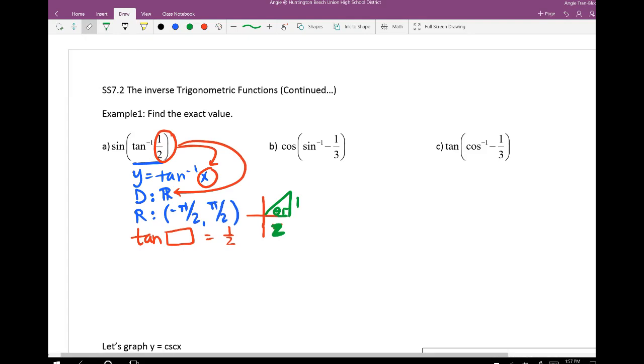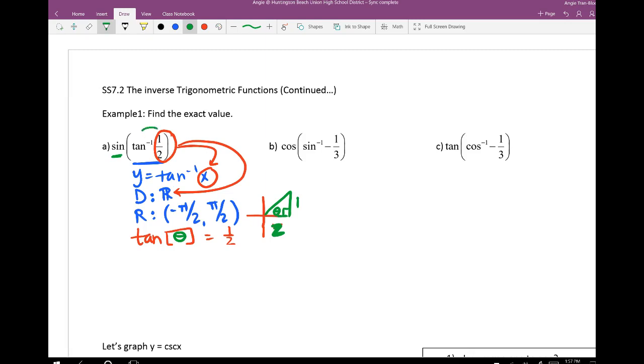So, what to do? Well, for this particular one, I'm going to fill this in with theta, because I don't know what theta is, but that's not the final answer I'm looking for. I now have to go find sine of that.